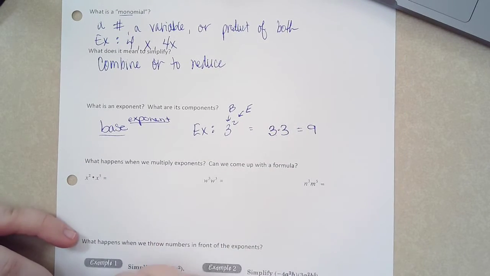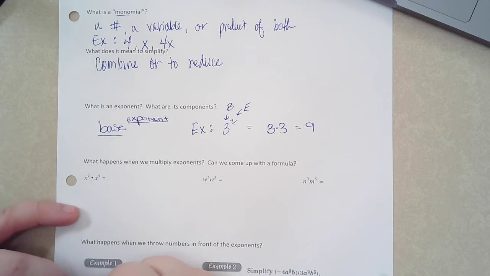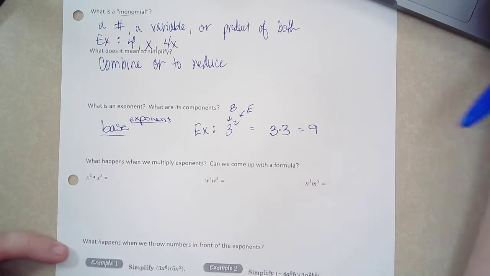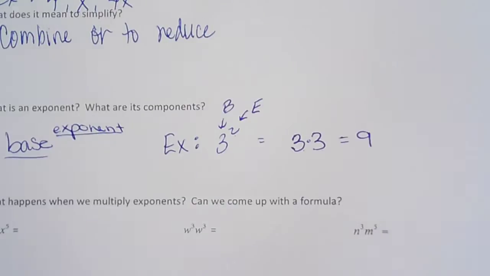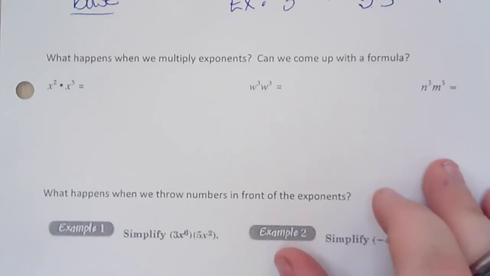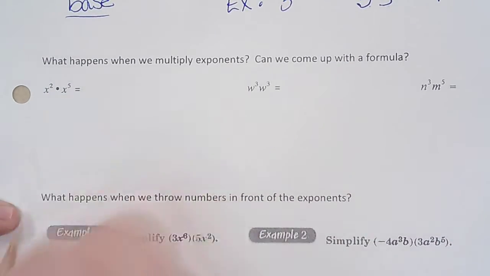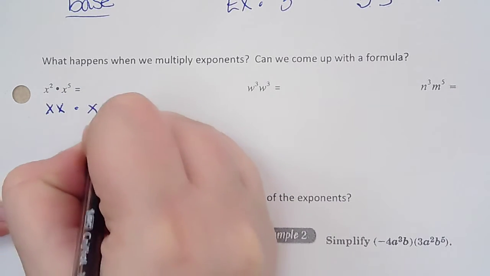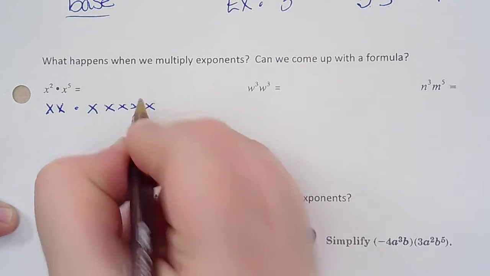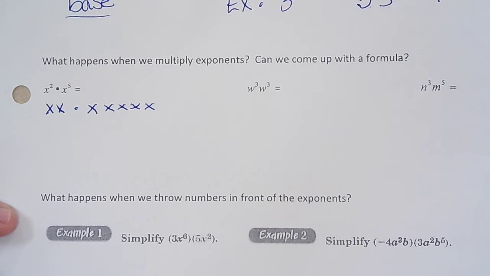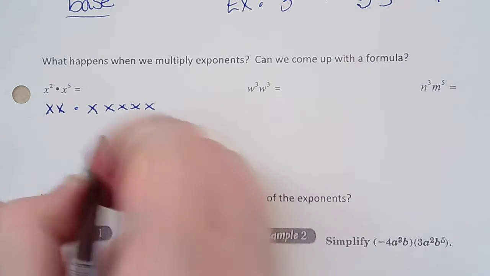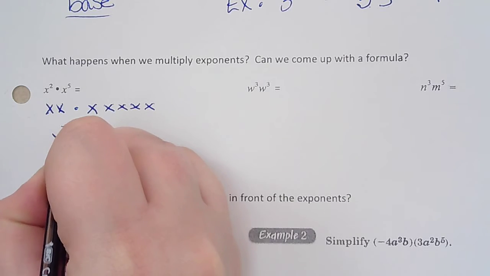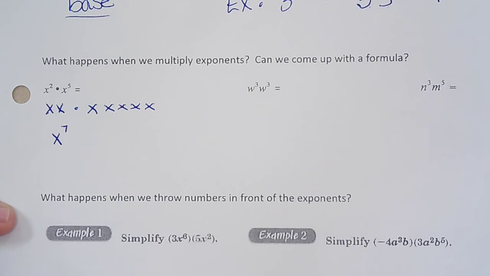So what happens when we multiply exponents? And can we come up with a formula? Well, I think it's helpful to look here at what these look like written out. So x squared times x to the 5th, if we count up how many x's we have, is 7 x's multiplied by each other.